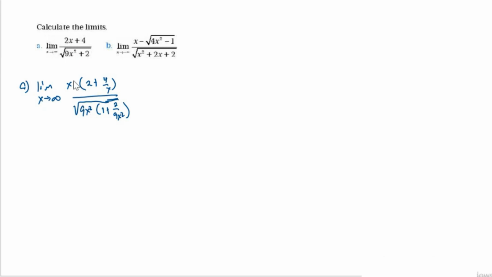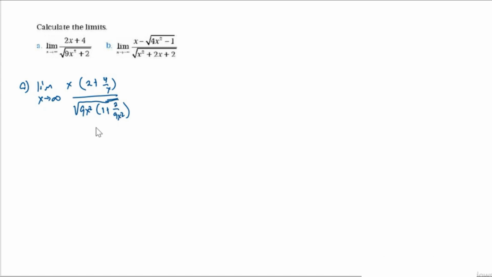There we take only the highest exponent, but here it's different. That's why we have to write the 9x squared as part of our divisor. Therefore, 9x squared divided by 9x squared is equal to 1, and 2 divided by 9x squared is equal to 2 over 9x squared.